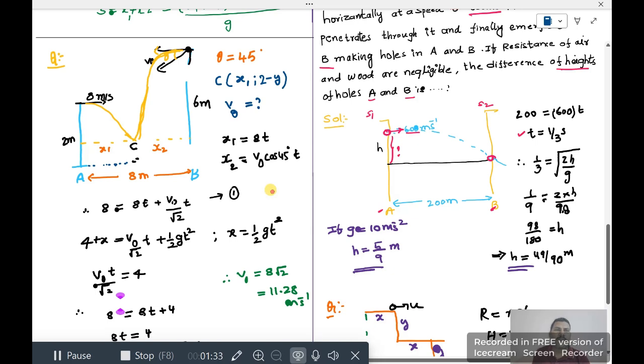Now next model problem. See here, there are two towers, A and B. The distance between A and B is 8 meters. From tower A, one particle is projected with horizontal velocity 8 meters per second.